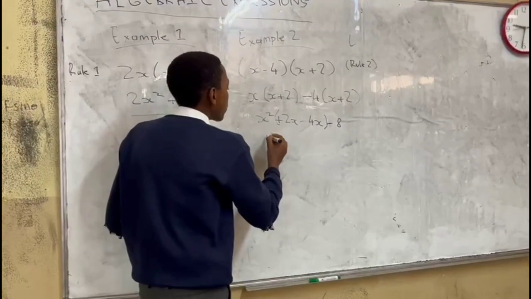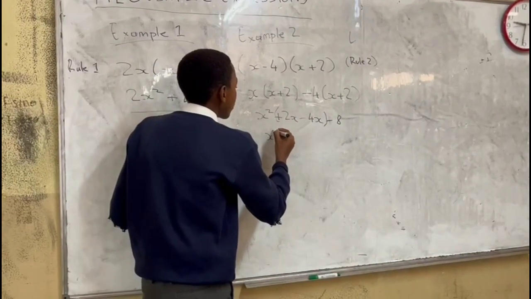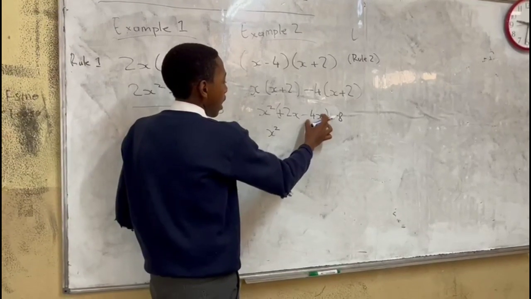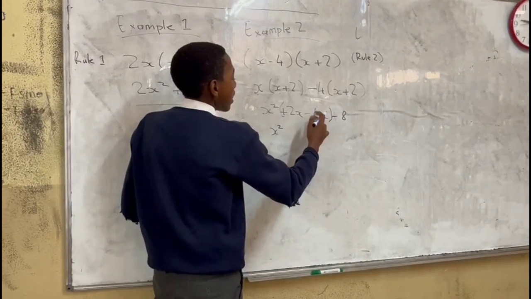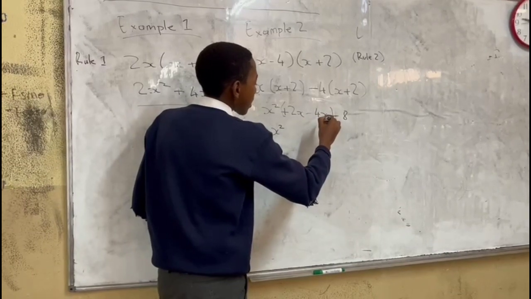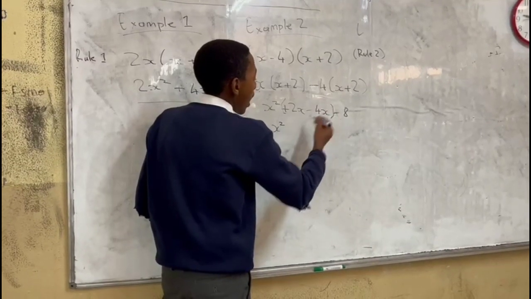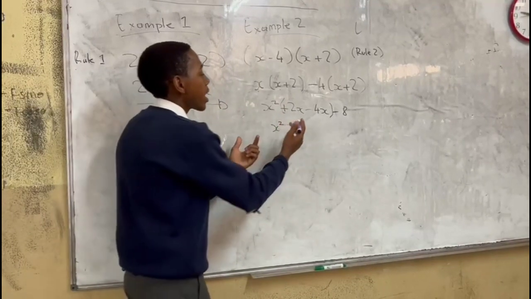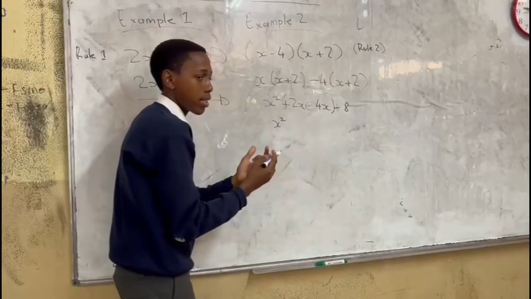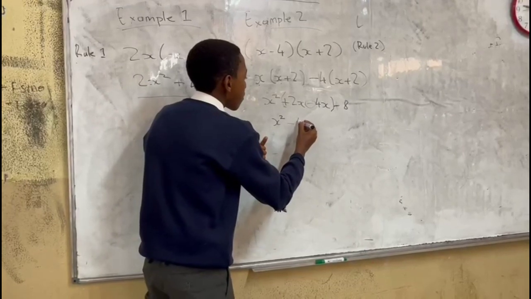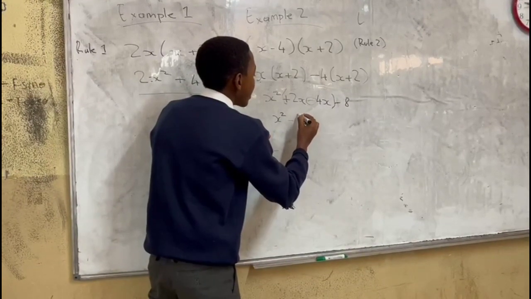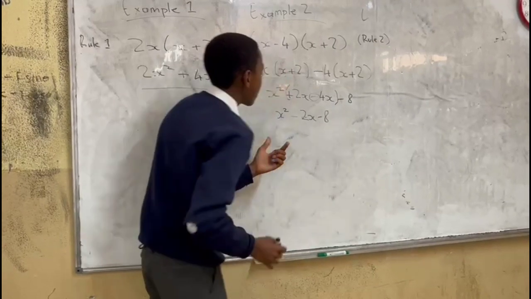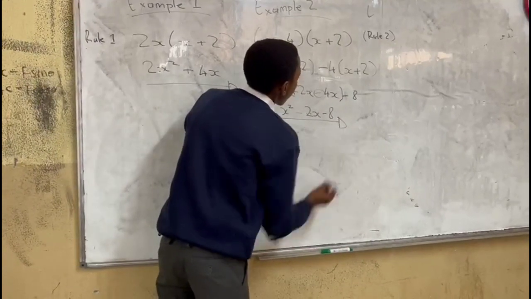So we're going to say x to the power 2. Obviously, negative 4x is the larger number, meaning that we will take a negative. Understand? Meaning that we're going to say negative 2x, then negative 8. This will be our rule number 2.